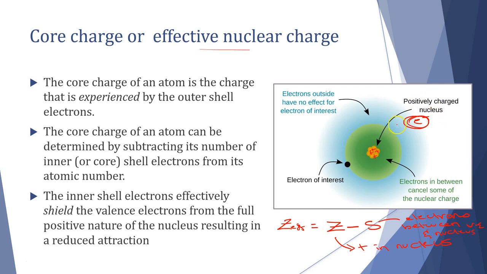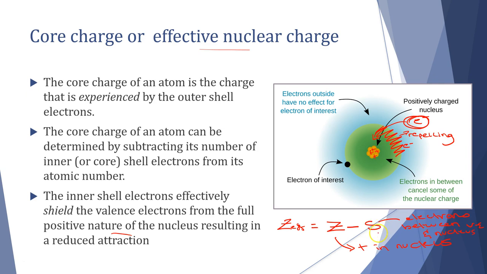When we look at this, electrons within this shielding range also have a negative charge, so they will be repelling the other electrons, which will reduce the amount of attraction that this electron feels towards the nucleus. So the inner shell electrons shield the valence electrons from the full positive nature of the nucleus, which results in a reduced attraction.